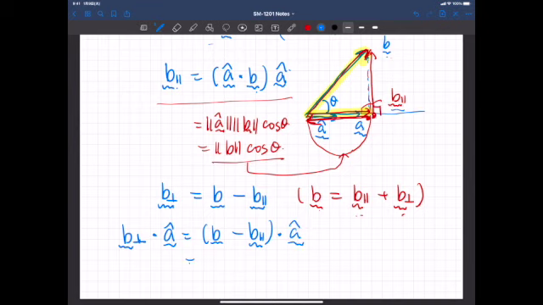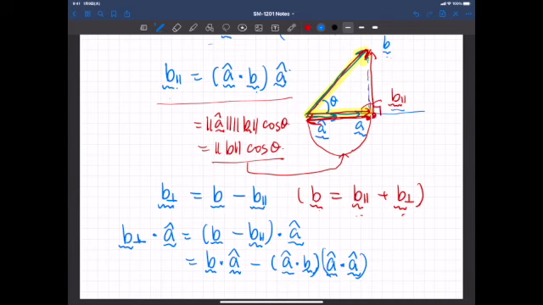Then that is B dot a hat minus, and B parallel is this, so just substitute: a hat dot B times a hat dot a hat.